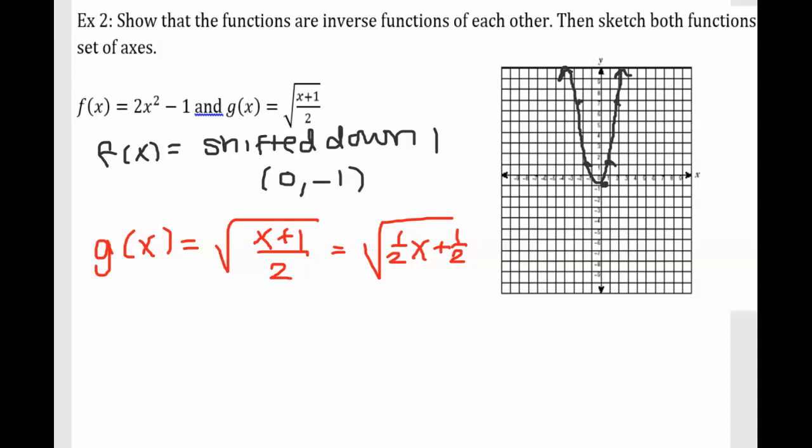So it's going to go through the point when x is 0 of 1/2. And then it's also going to go through the point when x is 1 of 1. And when x is negative 1, it'll go through 0.